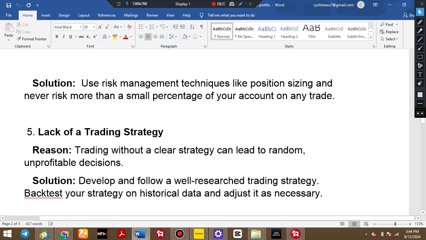use risk management techniques like position sizing and never risk more than a small percentage of your account on any entry. That means when you have a $10 account, you shouldn't be opening positions like 3, 4, 5 at a time, or using more than 5% of that account for trading.